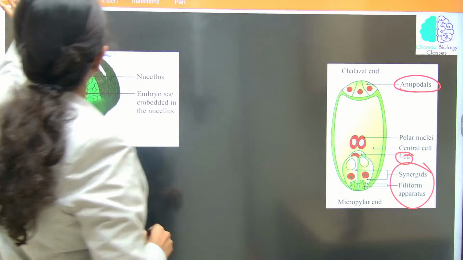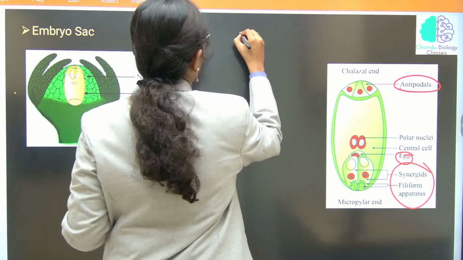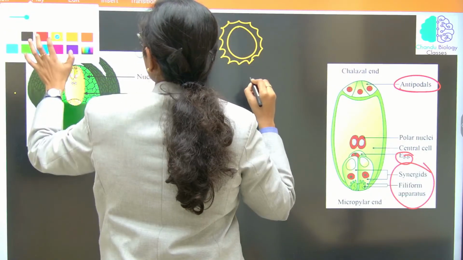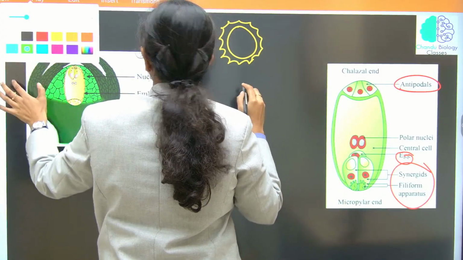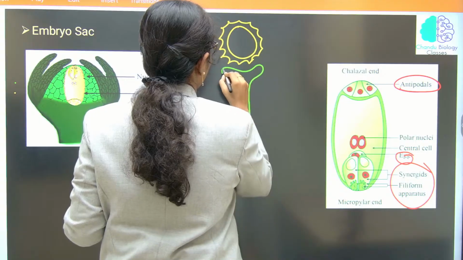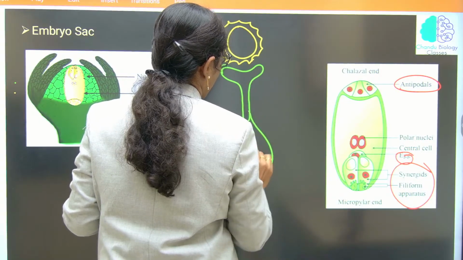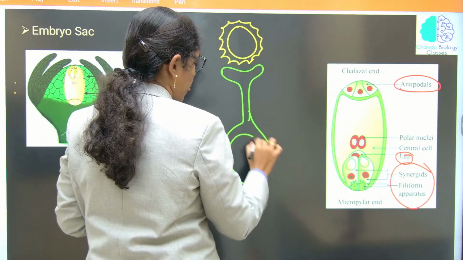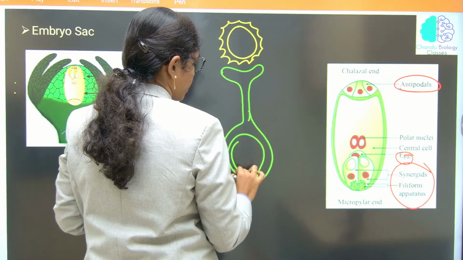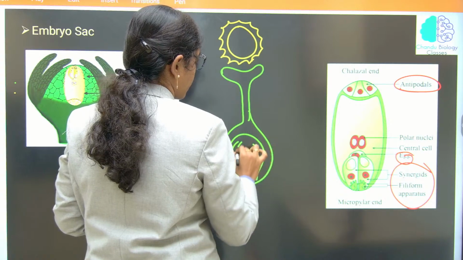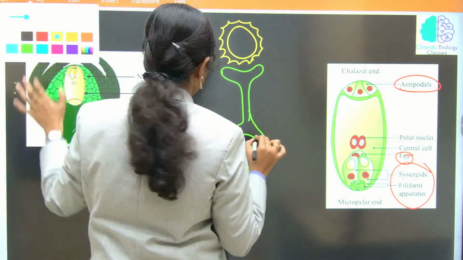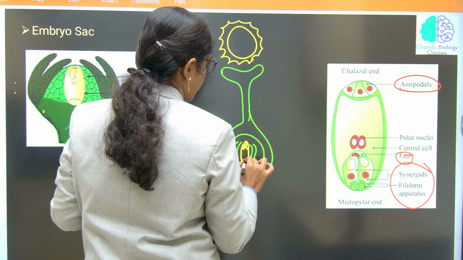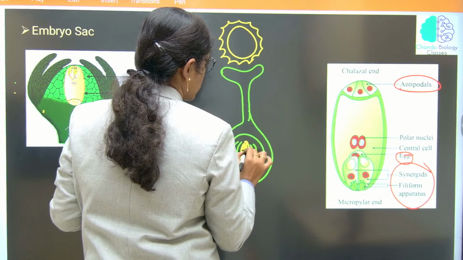Whenever the pollen grain lands on the stigma, let us suppose this ovary has an ovule, which has the embryo sac, the egg cell over it, and at the center the central cell.